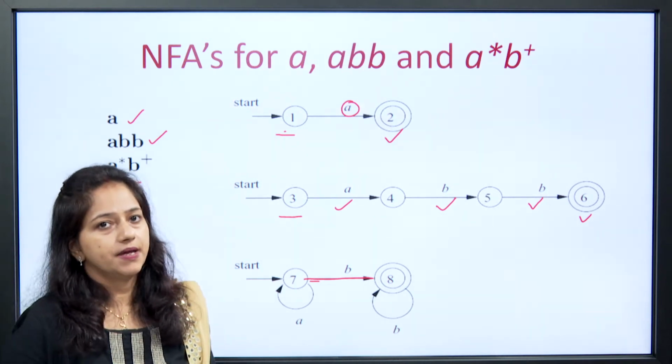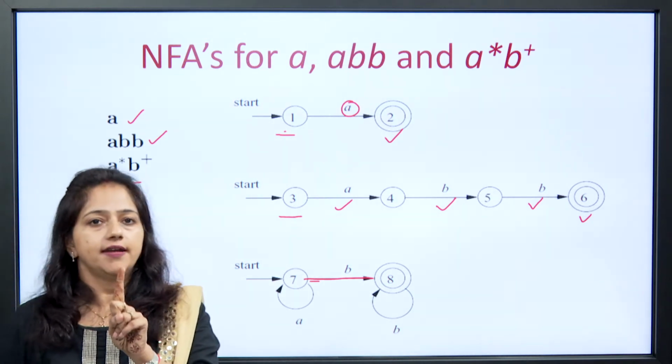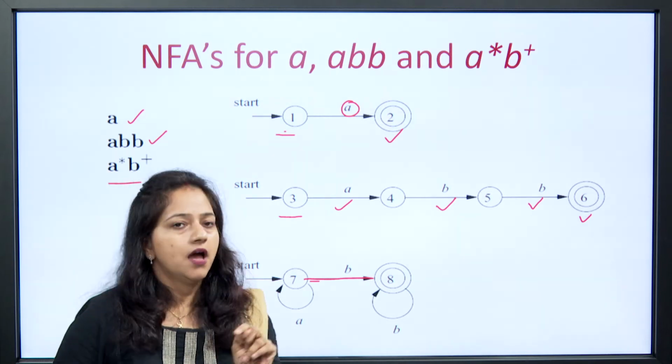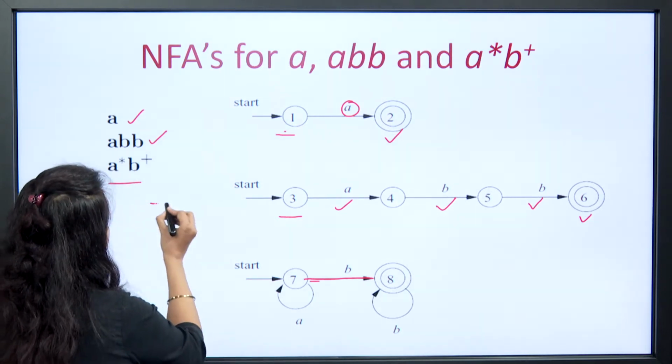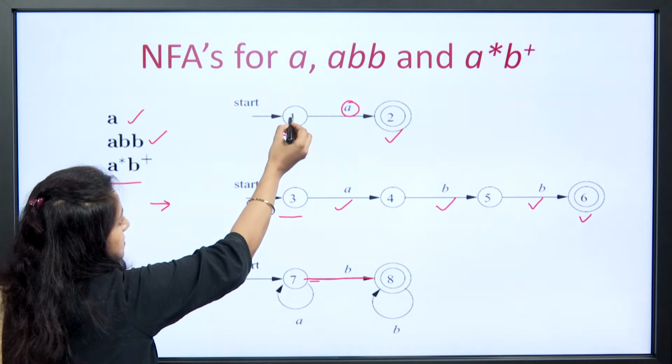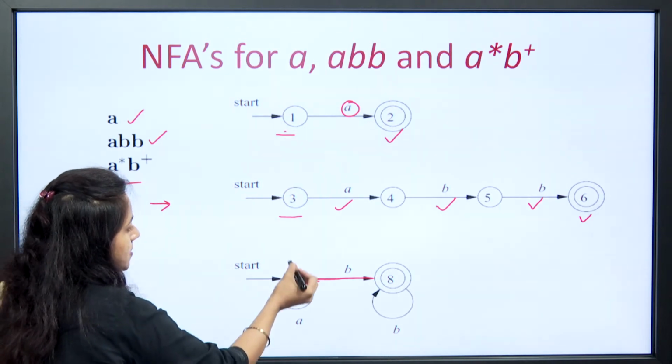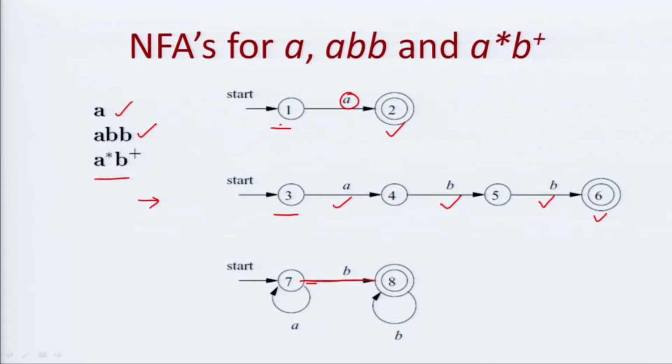Now, the third step is to get a single finite automaton from all the patterns. How to get a single finite automaton? We know that 1 is the start state for the first, 3 is the start state for the second, and 7 is the start state for the third finite automaton. So, here we will introduce a new start state, let it be state 0, and then we will link it to the start states of all these automata.